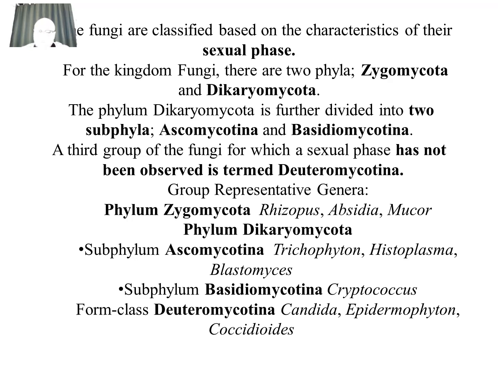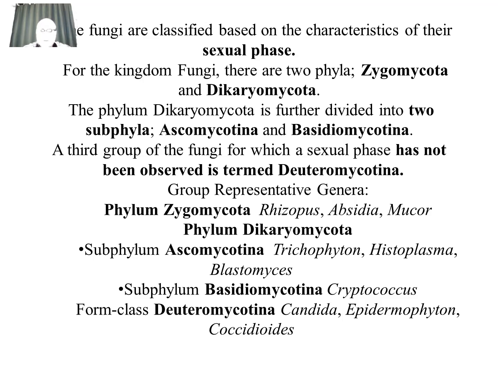Group representative genera: in the phylum Zygomycota, that is Rhizopus, Absidia, Mucor, and in the other phylum, a subphylum like Ascomycotina, which comprises Trichophyton, Histoplasma and Blastomyces. In this class, the most important one is Histoplasma. The other one is the phylum Basidiomycotina.